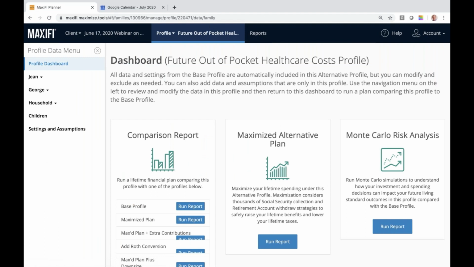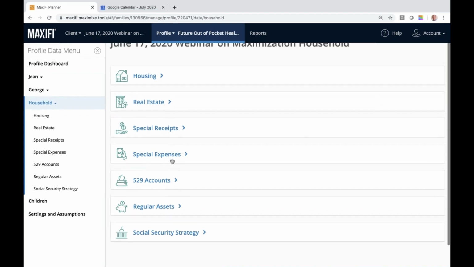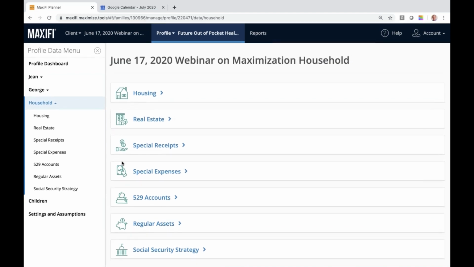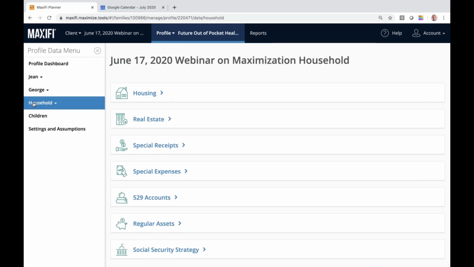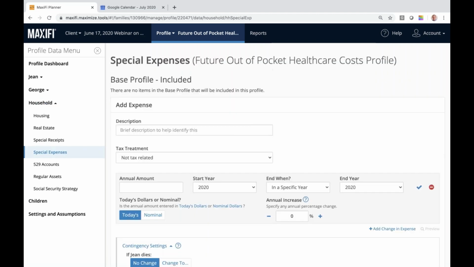And now you see that you're in this particular profile. Now you would probably click on household and want to enter special expenses. You'd add an expense, and maybe this would be home health care.